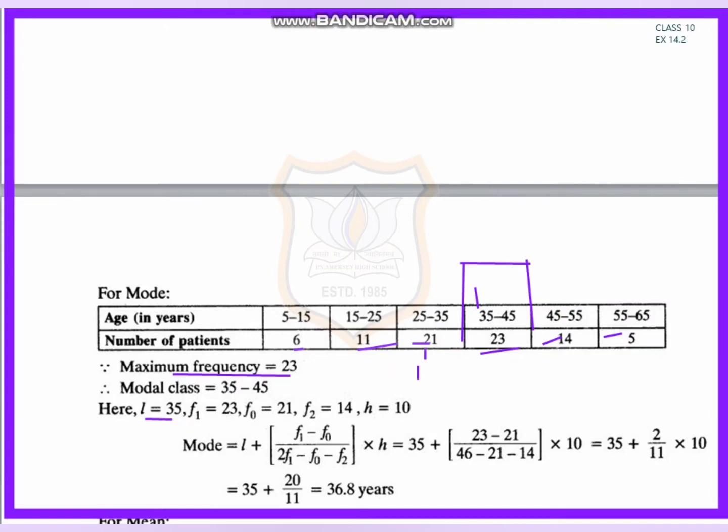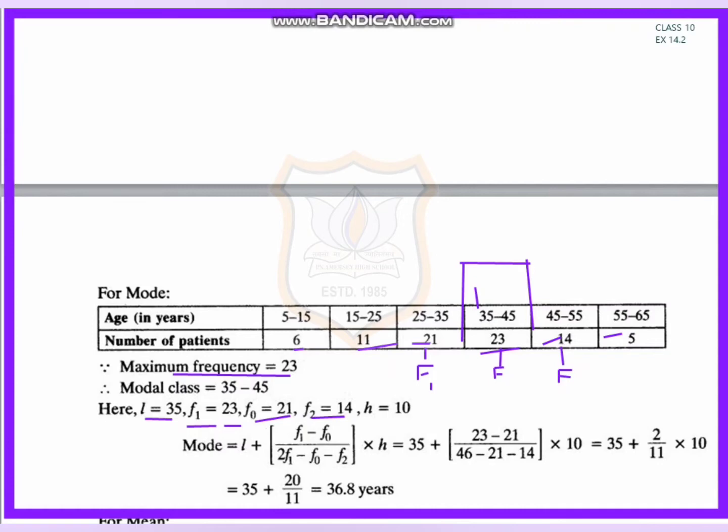So this is F0, this is F1, and this is F2. Means here F1 is 23, F0 is 21, F2 is 14.